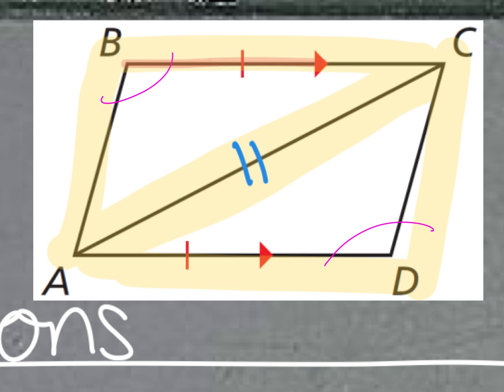So let me go ahead and highlight my sides. This is a side right here, which is congruent to this side. And this is my other side. Where would my angle then go? Where would it go?